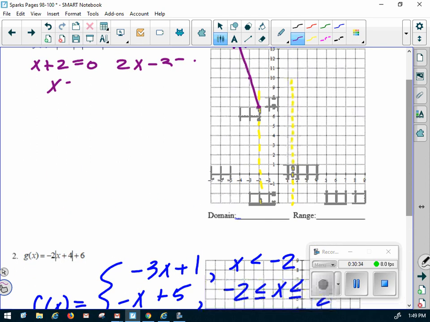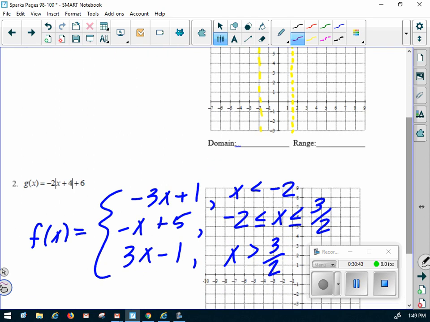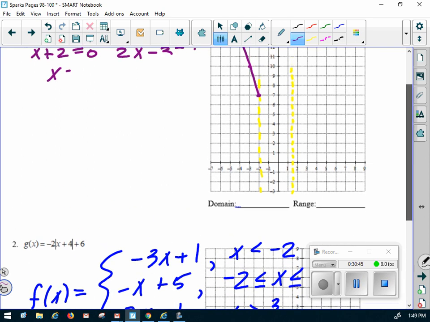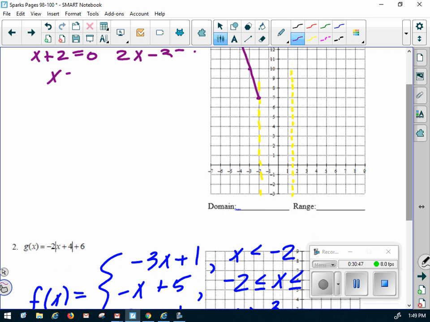Negative x plus 5. I started at 1, but that was in the wrong yard. So I just started sloping up 3 left 1, up 3 left 1 until I got onto the fence. Did I do it right?